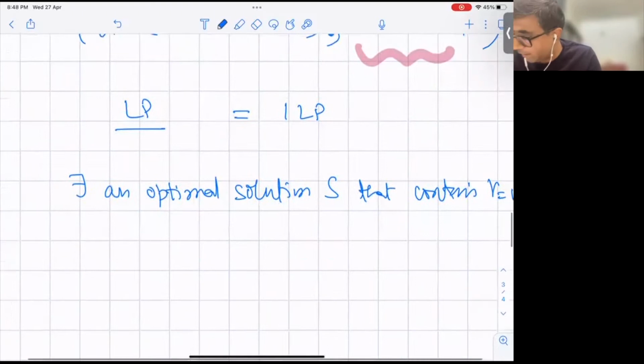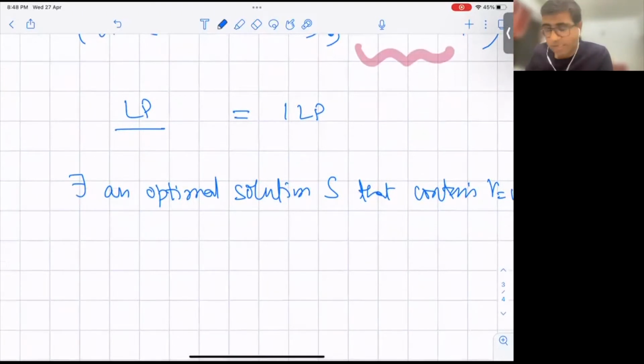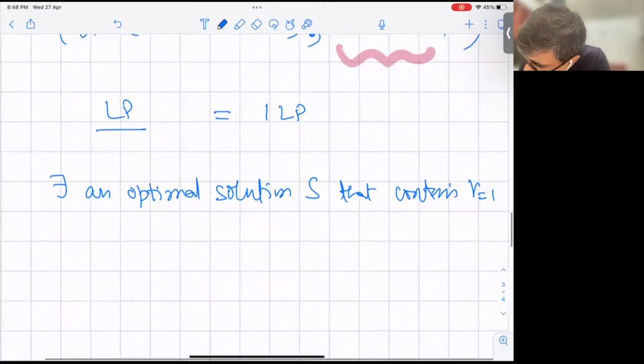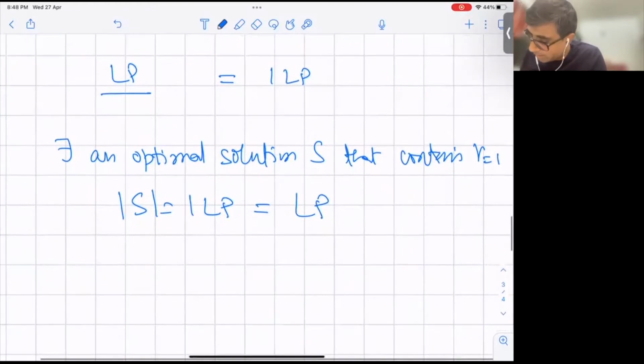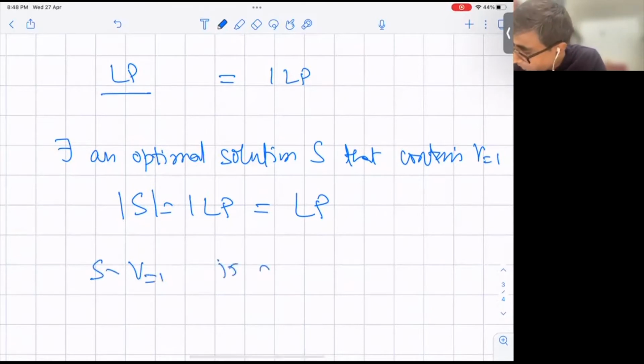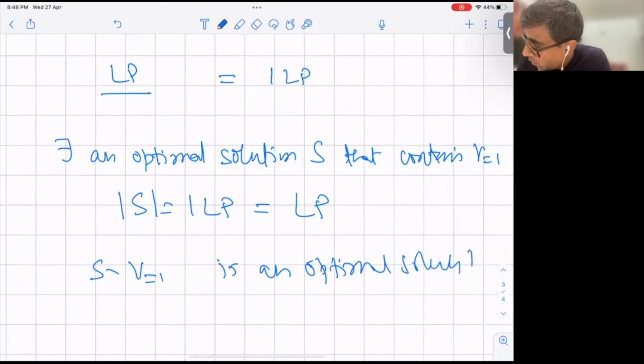What is the meaning of that? The meaning is that the size of S is also equal to ILP, which is also equal to LP, right? So now, S minus V1 is an optimal solution to what?